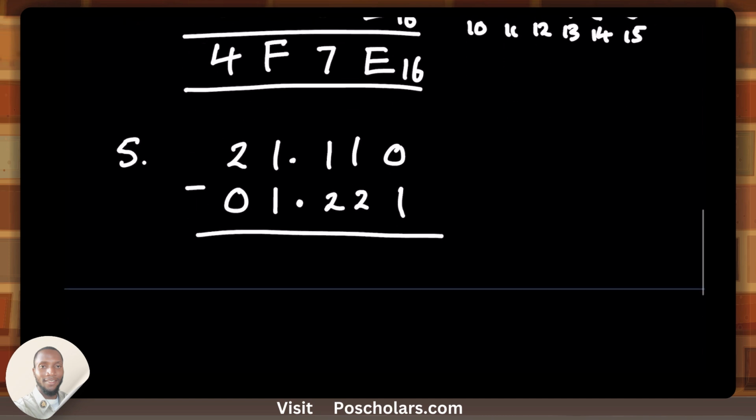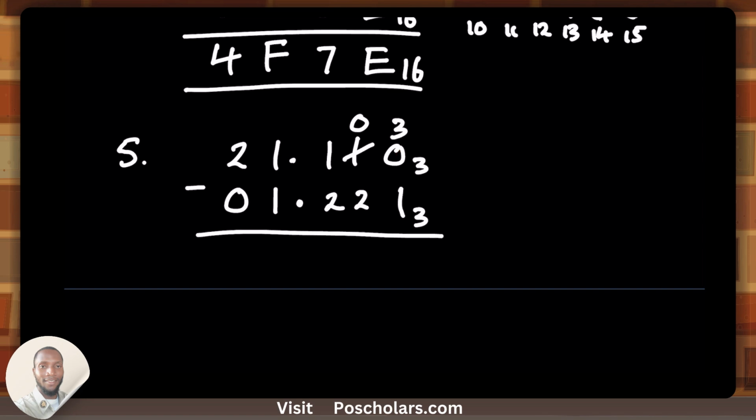Now let's subtract. We are starting from the last column, the right side. 0 minus 1 is impossible. You borrow 1 from this one, which reduces to 0. The one you borrowed takes the value of 3, which is added to this 0. 3 plus 0 gives 3.